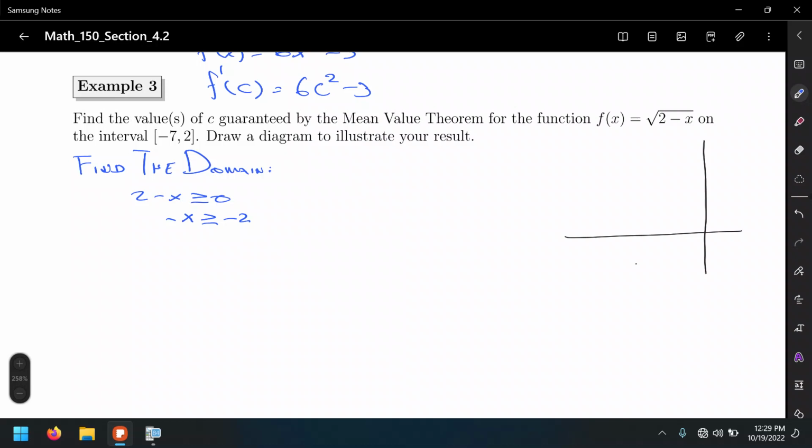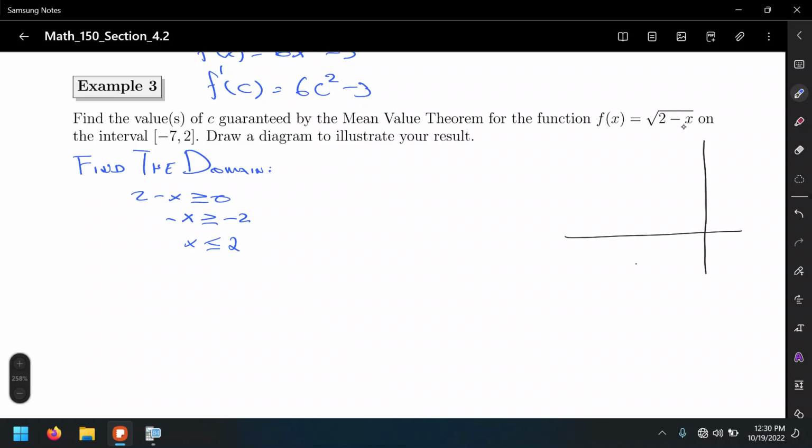But what happens on an inequality when we divide by a -1? We need to reverse the direction of the inequality, right? So that means the domain of the function is all real numbers less than or equal to 2. That is the largest input we can plug into this function. It's x equals 2, and in fact that's the upper bound of the interval. Well, -7 is also part of the domain, so in this case it's continuous, right?